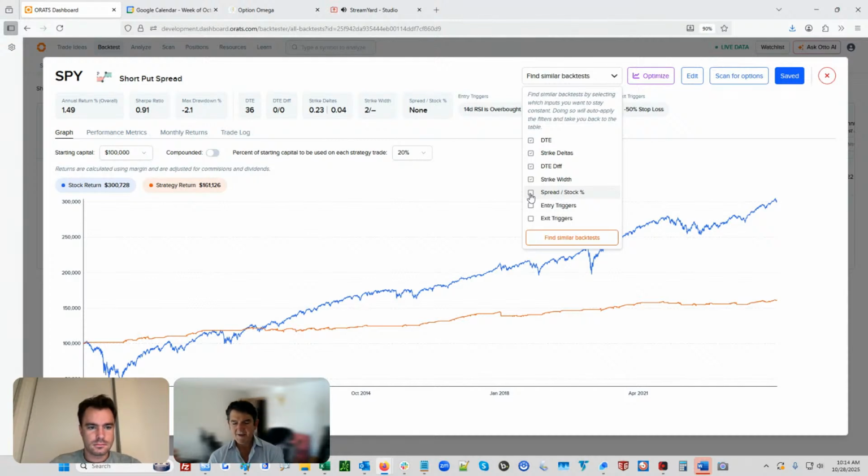But in cases like this, what you want to do is look at similar types of strategies, and you can find similar strategies. Like if you click it, with all these selected, you only get the same strategy. But let's just say I want to try different exit triggers and even different entry triggers, and the yield rate or the spread price divided by the stock.